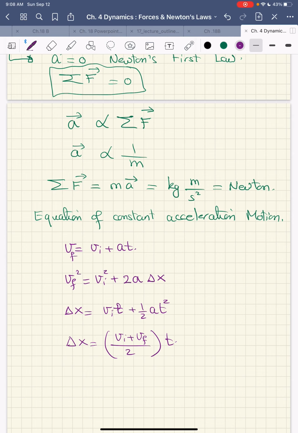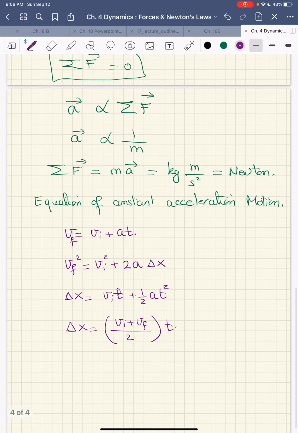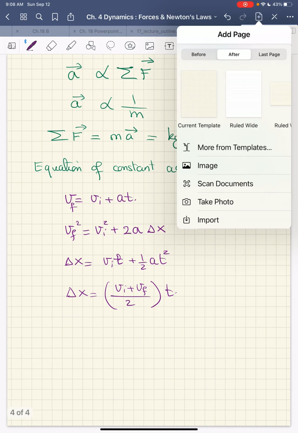And as I said, for a complete and correct solution, we will draw free body diagrams.